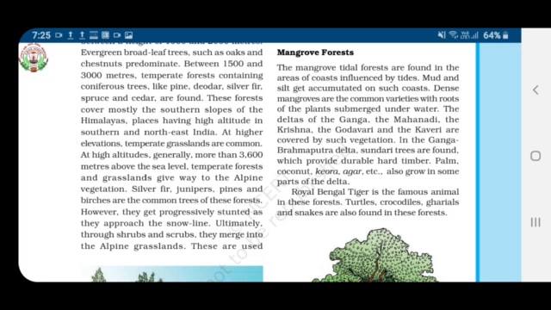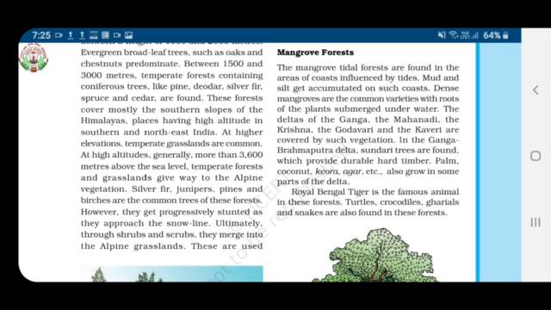Mosses and lichens form the part of tundra vegetation at higher altitudes. These are simple organisms which we have all seen growing on trees and rocks.